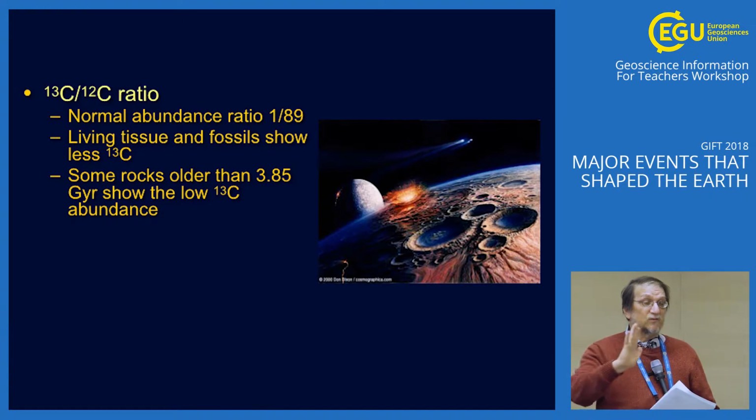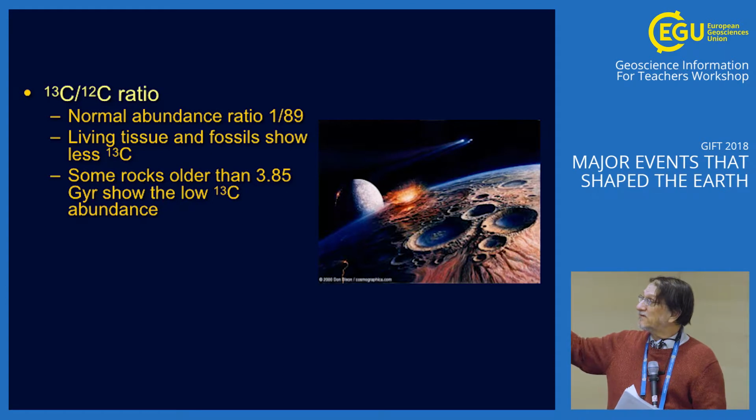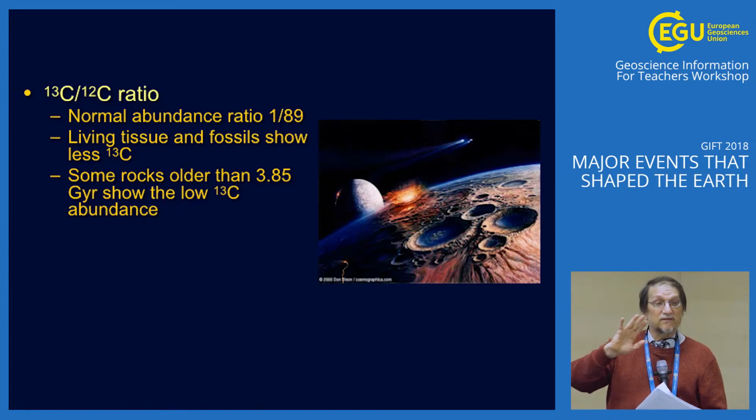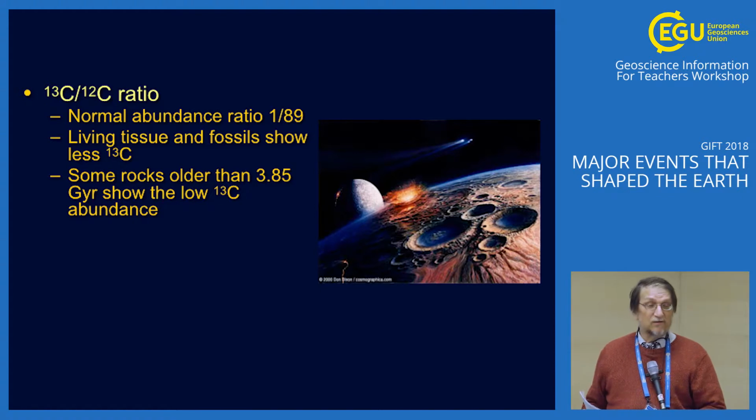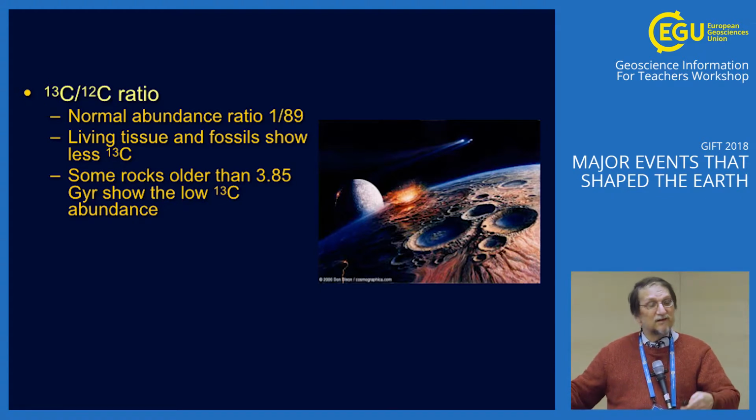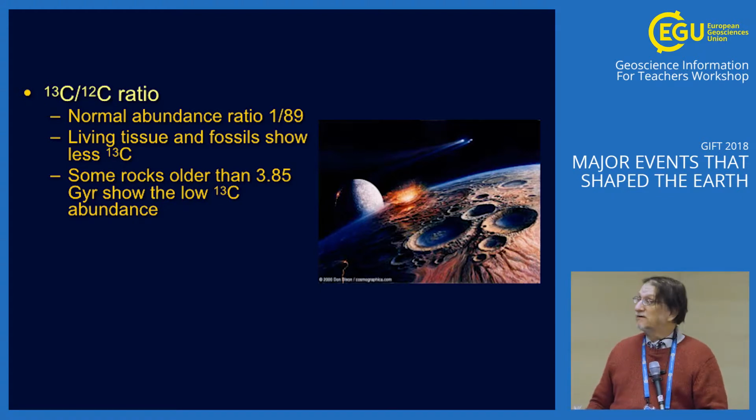And so we can tell when something looks like life because of the abundances of carbon 12 to carbon 13. Living substances change those abundances using enzymes. So that's kind of a secret for understanding the origin of life. What's the record? Is it chemical or is it fossil? And so we can talk about that.